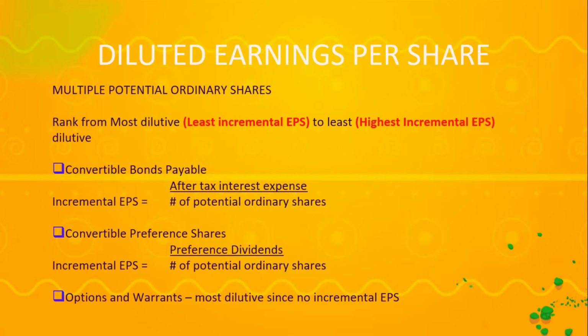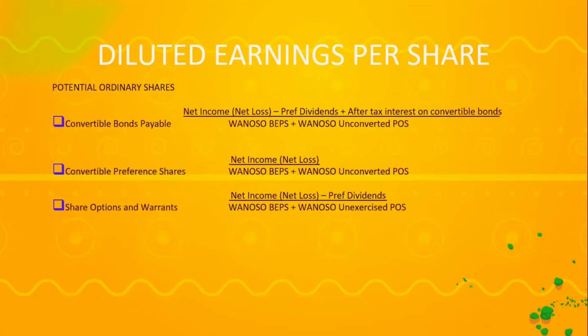So ganun din sa earnings per share. Pag sinabi natin incremental EPS, it's the change. Pansinin, dito sa formula, share options and warrants, it's the same numerator: net income minus the preferred dividends.